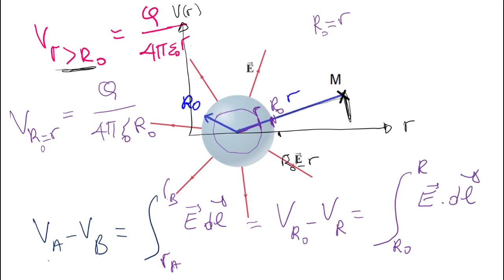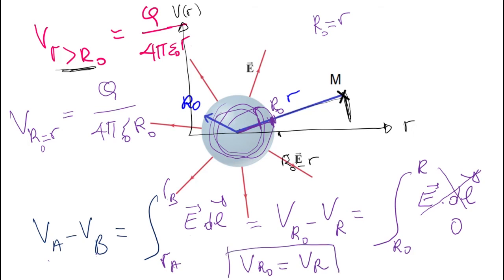So if I am inside this sphere, and this sphere is a conducting sphere, there is no electric field. If there is no electric field, this term is zero. All I have is that the electric potential at the limit R0 equals V(r).